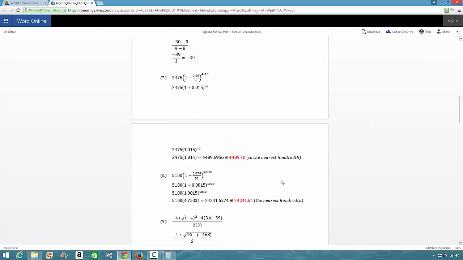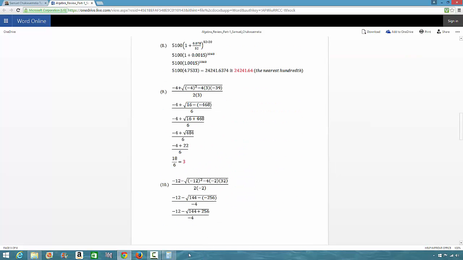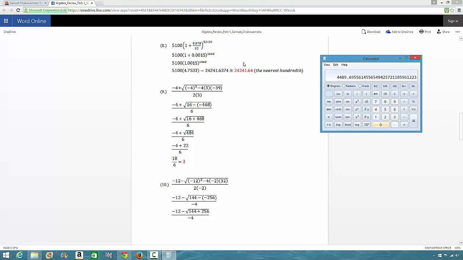Question 8. We can do the same thing for question 8. We start with the parentheses. Inside the parentheses, we have a division and an addition. The division comes first.